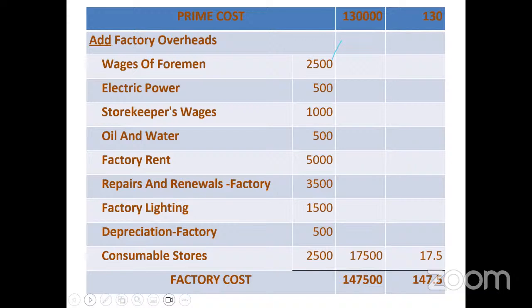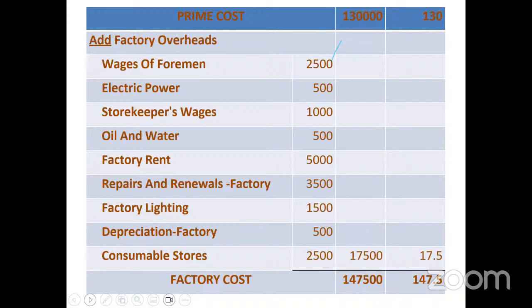Yes. Excellent. So prime cost add factory overhead. Whenever we add the prime cost with factory overhead, what are we getting? We are getting factory cost, works cost, or production cost. Isn't it? Yes, sir. So what is your factory cost here? 1,30,000 was the prime cost. Now your total factory overhead is 17,500.